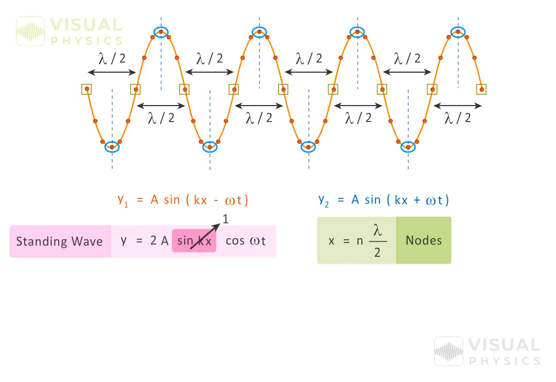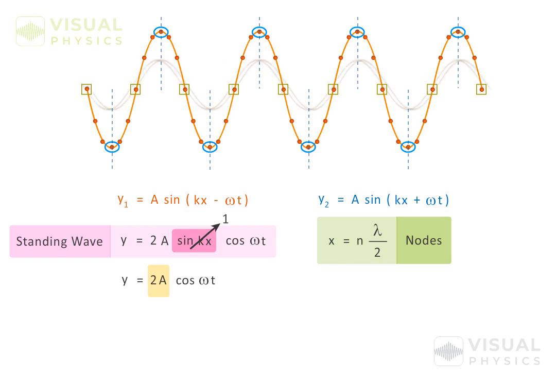Using the maximum value of sine function, we can say that the maximum amplitude of the particle at an antinode is equal to double the amplitude of the constituent waves. And this happens at positions where kx is equal to pi by 2, 3 pi by 2, 5 pi by 2, etc. That is, for kx equal to (2n plus 1) into pi by 2.